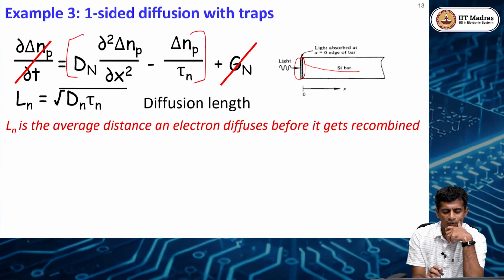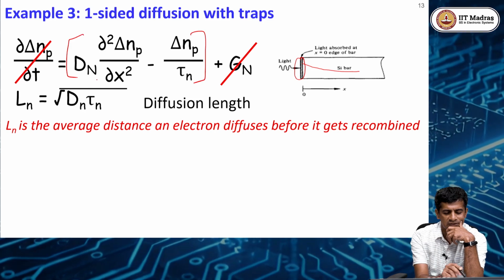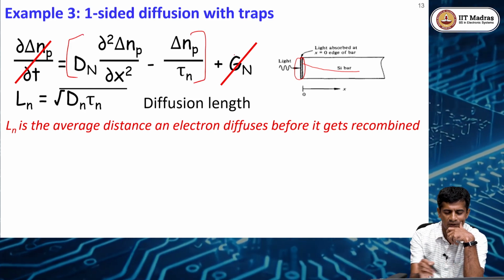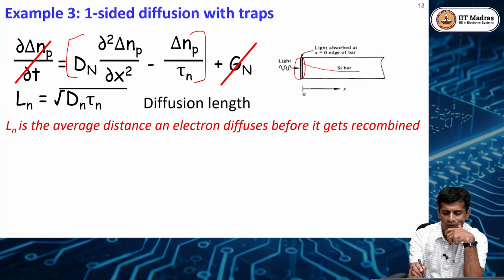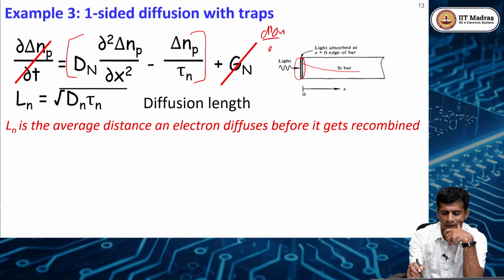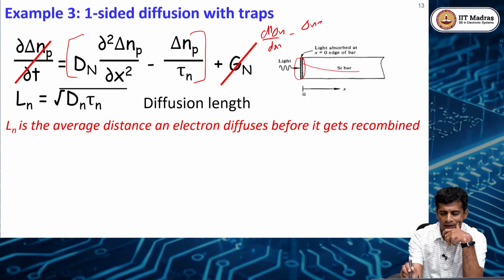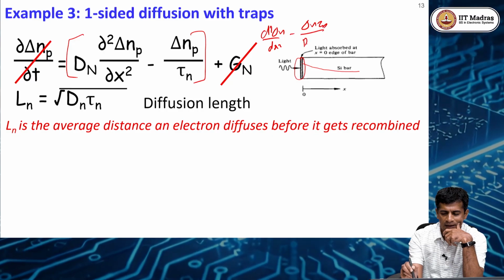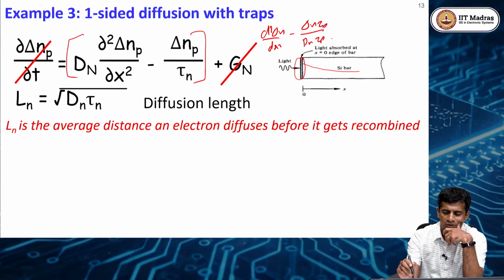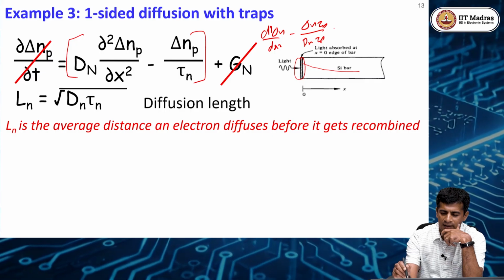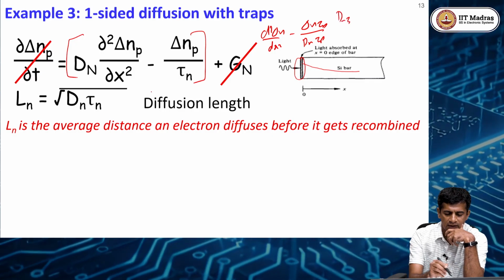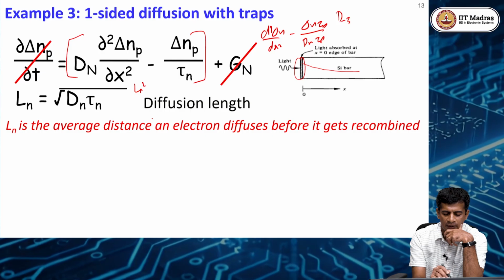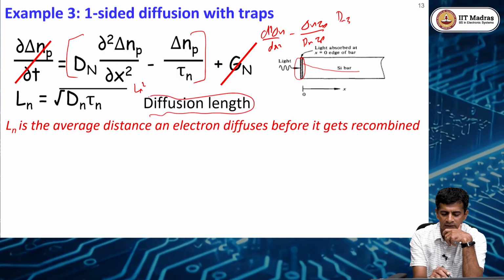You can write it as d squared delta n by dx squared minus delta n over D_n tau_p, and I write D_n tau_p equal to L_n squared. I am calling this parameter the diffusion length.